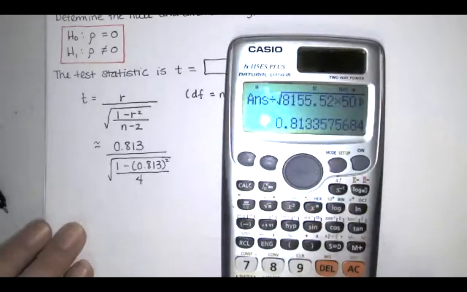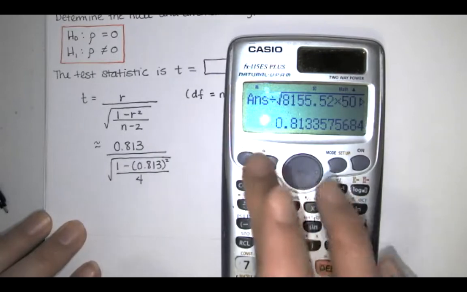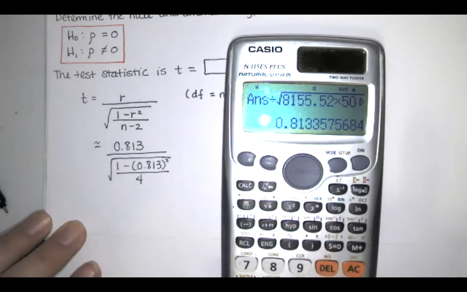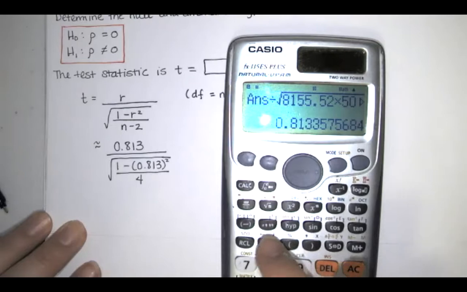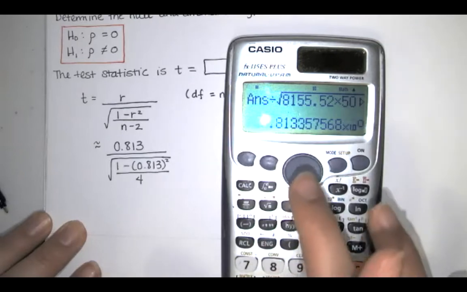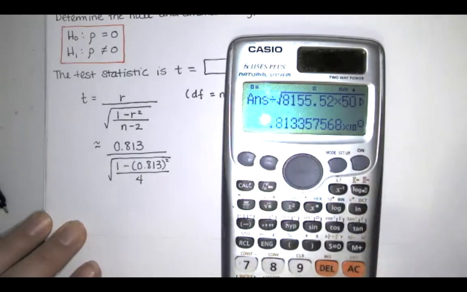So that's my actual R value. I think I want to use that R value rather than using this rounded version. So I'll take that and I will, how can I store this? Maybe it's that button. And then we go to alpha.